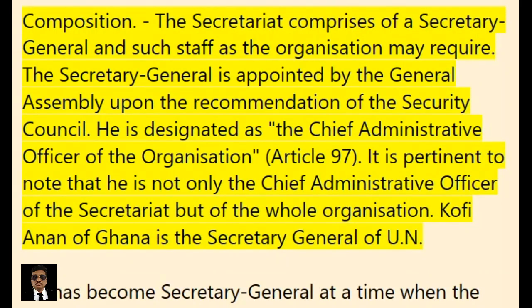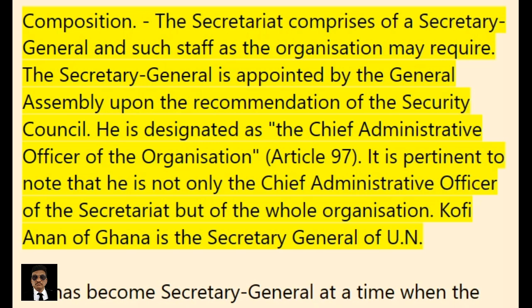The Secretariat comprises a Secretary General and such staff as the organization may require. The Secretary General is appointed by the General Assembly upon the recommendation of the Security Council. He is designated as the Chief Administrative Officer of the organization.